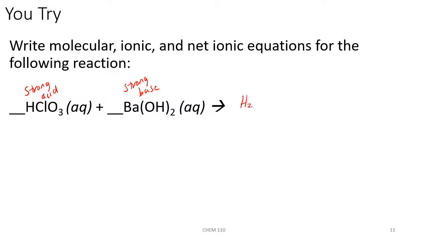Our products from double replacement are going to be water, H2O, plus the salt that's formed when barium cations combine with chlorate anions. Our formula here will be Ba(ClO3)2 because barium is a +2 charge and chlorate is a -1 charge.